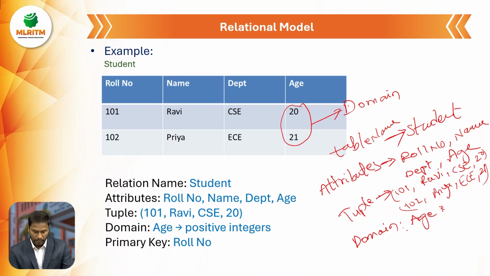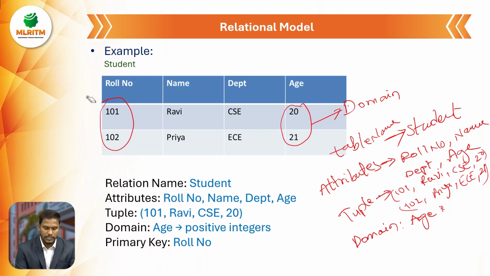Okay, let's see primary key. What is a primary key? A key which consists of unique values as well as no null value, meaning it does not have any null value, is called a primary key. Roll number should be a unique value for everyone, and it should not have any null value.